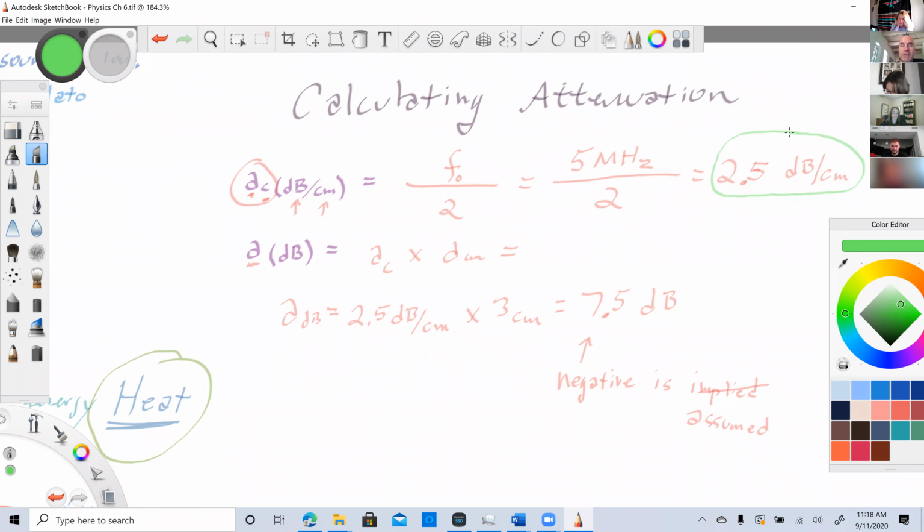So every centimeter at 5 megahertz, we're almost losing half of the beam. That means the first centimeter, half the intensity is gone. The second centimeter, half of that half is gone. The third centimeter, half of that is gone. Every single centimeter you're losing, well, I shouldn't say half, almost half is gone. That's really amazing. Every single centimeter, and that's at 5 megahertz. 5's low. That's a low frequency.